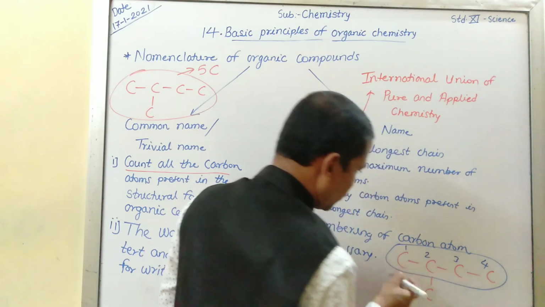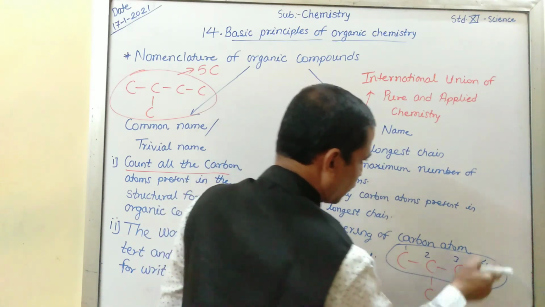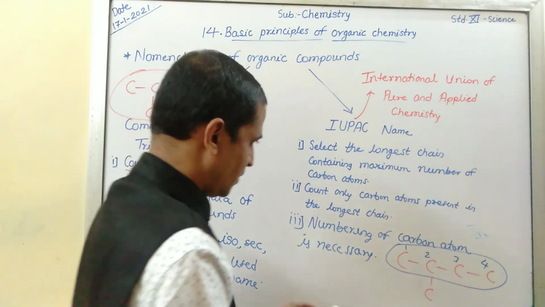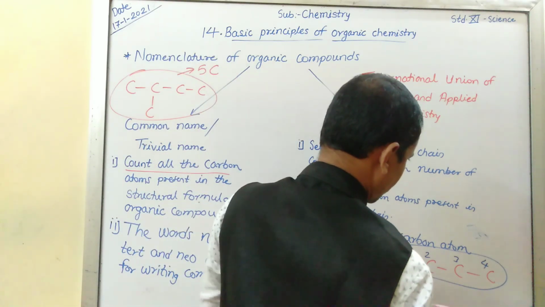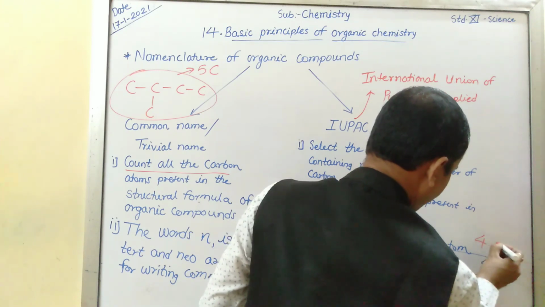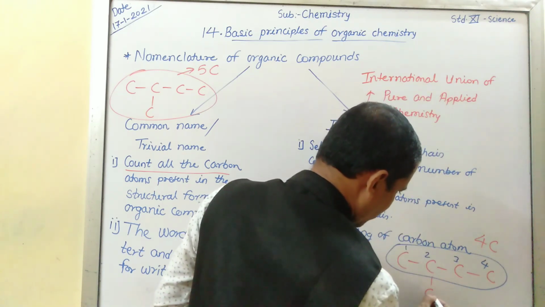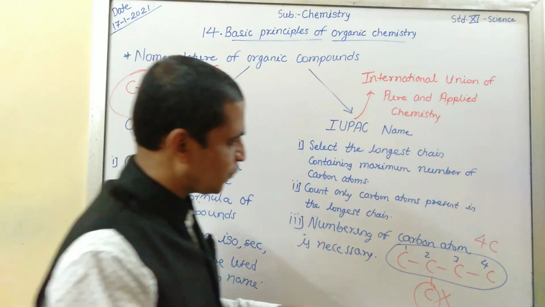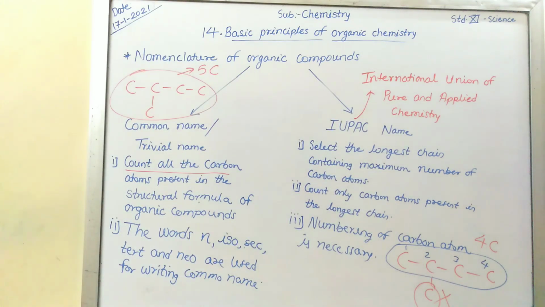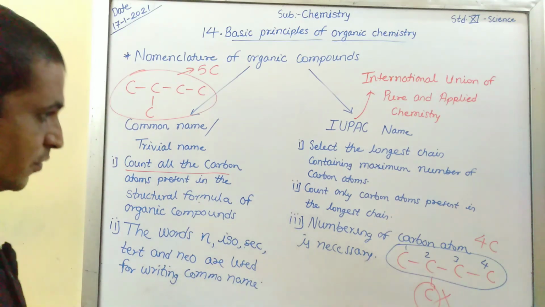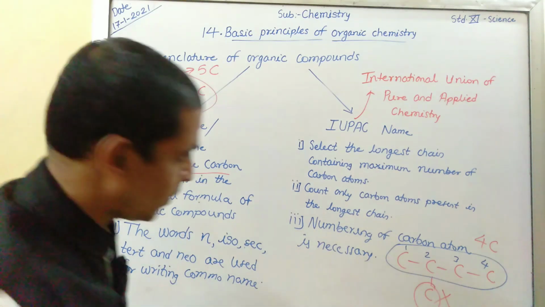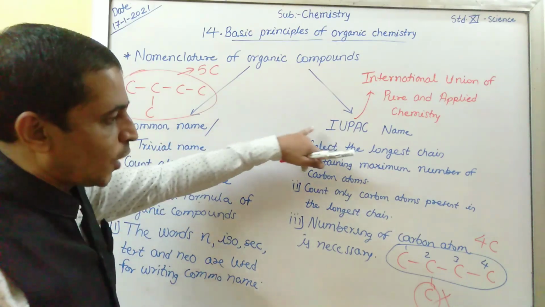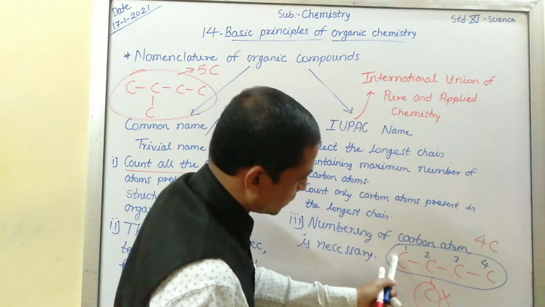So that time we have to count only 4 carbon atoms. That other carbon atom we do not count. That is what? Branch. So I hope you understood the difference between common name and IUPAC name. See here, this is the longest chain.